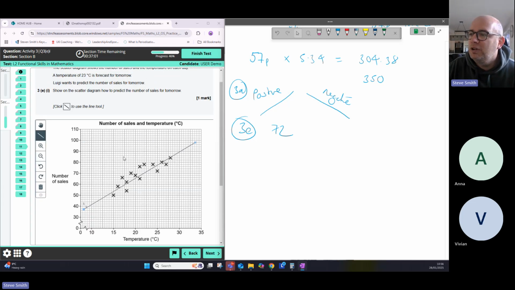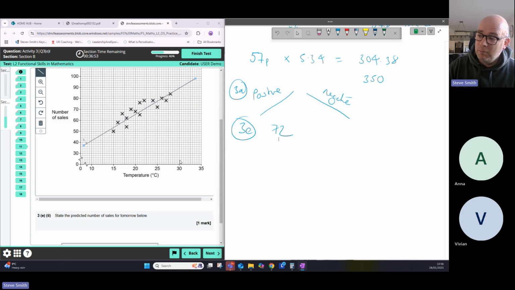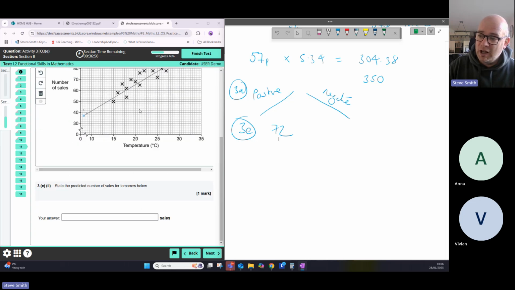So what does it say? The first question: show on the scatter diagram how. All right, so for 1 mark, we've drawn our line of best fit. For the second mark, you're using your line of best fit to predict the number of sales. I thought that was all 1 question for 1 mark. So that's 2 marks for drawing a line and then saying what you've seen using your line.